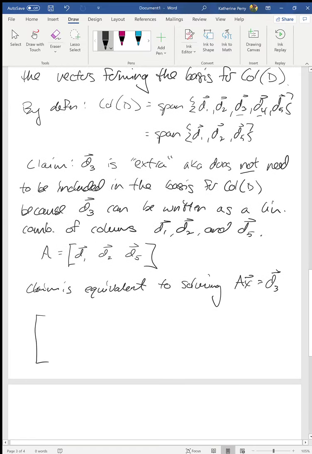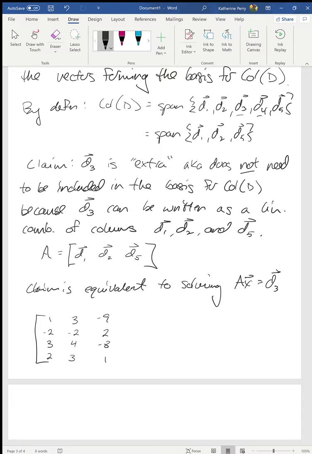And so to that end, let me set up my augmented matrix. So I have D1, which was 1, minus 2, 3, 2, and D2, which is 3, minus 2, 4, 3, and then D5, which is minus 9, 2, minus 8, and 1.